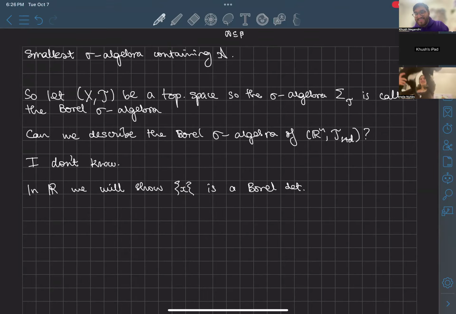The way we do this is we just have to say that it's the intersection of some open intervals. And this is very easy.